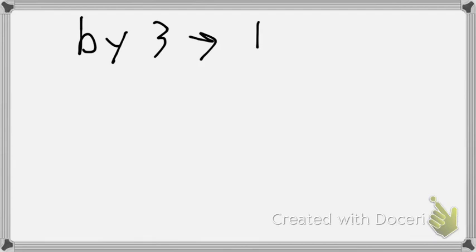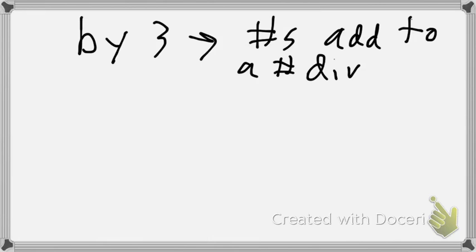So, how about 3? 3 and 9 are kind of tricky. If the digits add up to a number that's divisible by 3, and I know that's kind of ridiculous, but it actually makes sense. So numbers that are divisible by 3. Okay, let's take a look.